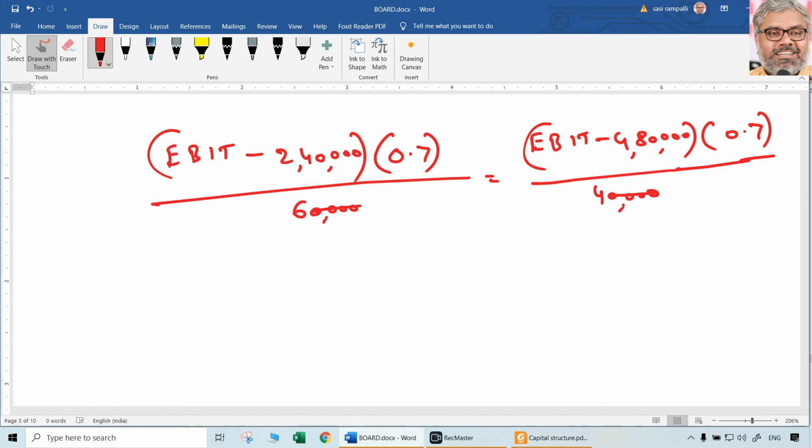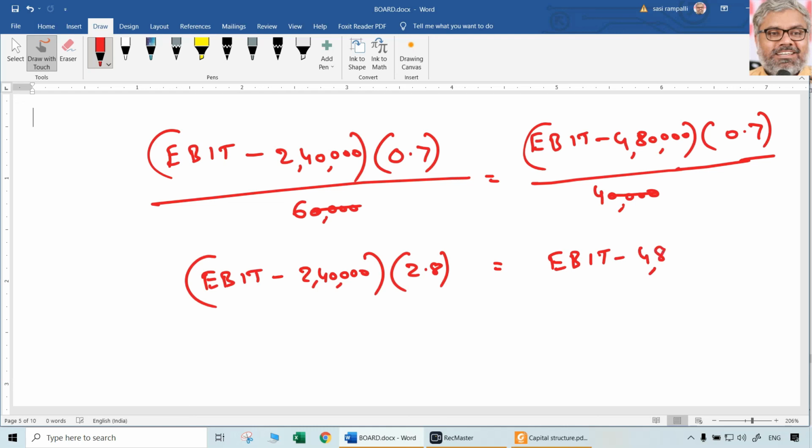Cross multiply. EBIT minus 2,40,000 should be multiplied with what? 0.7 into 4, 2.8. That should be equal to EBIT minus 4,80,000 in the bracket, which is there as it is. 6 multiplied with 0.7 will be 4.2.